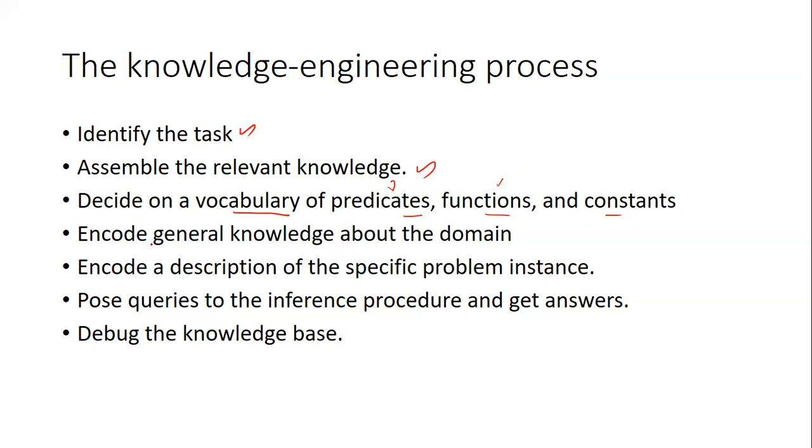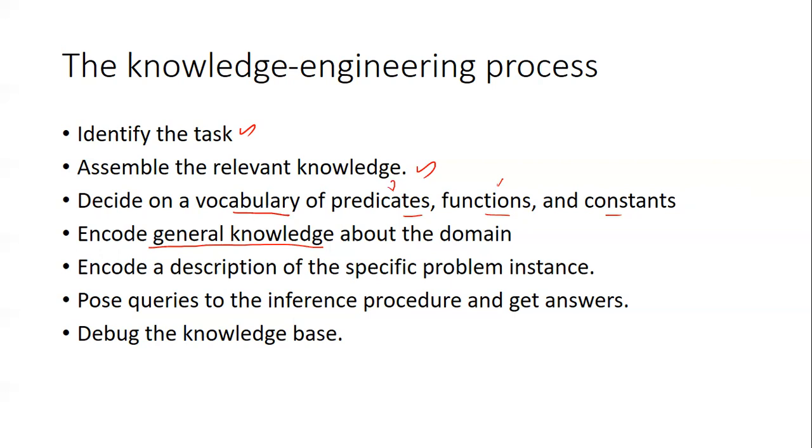After doing all these things, we have to encode the general knowledge about the domain. General knowledge means something like a rule, which is not specific to a particular case but is generic. For example, in Wumpus World, the rooms adjacent to the pits are breezy.